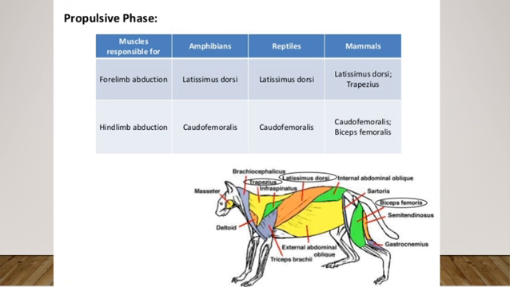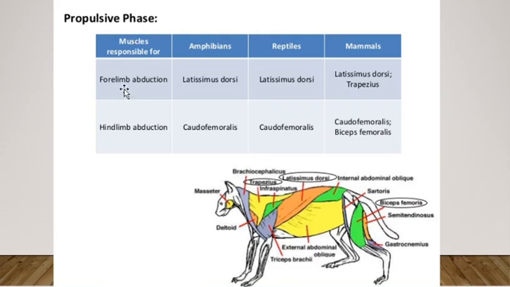So these are the muscles responsible for forelimb abduction and hind limb abduction. This is for the propulsive phase. Now, since fishes don't have forelimbs and hind limbs, they are more on fins. So let's discuss and compare amphibians, reptiles, and mammals.